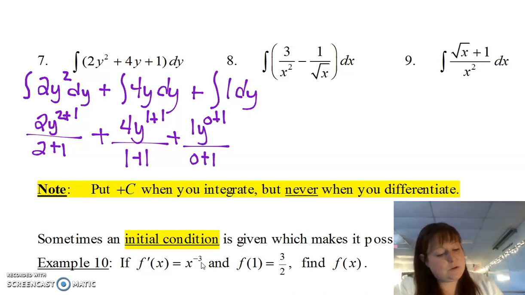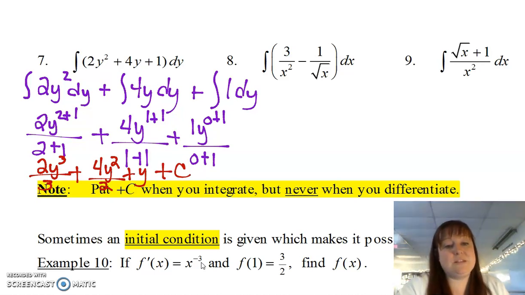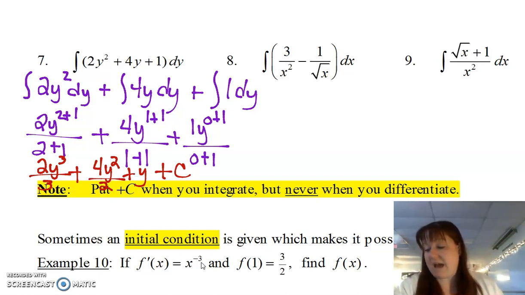And in the end, we're going to have 2y to the 3rd over 3 plus 4y squared over 2, which is going to simplify to 2y squared, plus y. And then what can't we forget? Plus c, right? Because there could have been some constant there that we took a derivative of, and it became 0. We never even saw it, okay? So that is that integral right there.